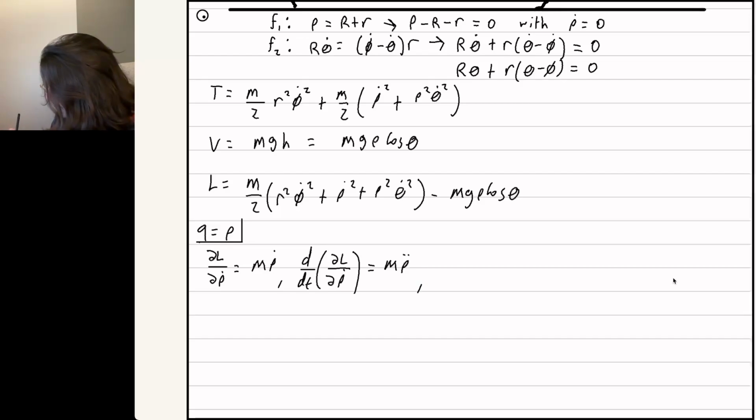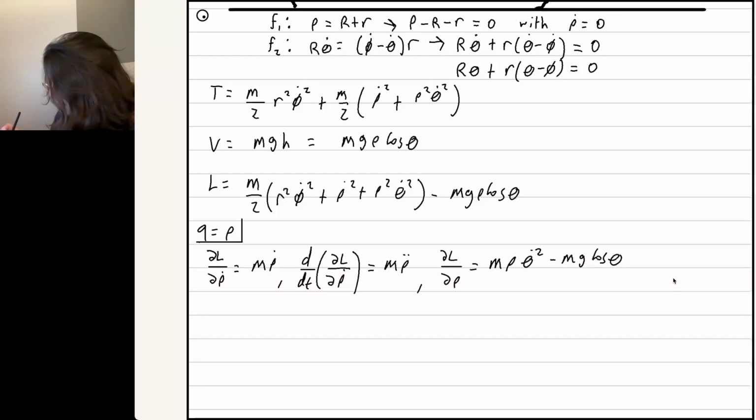And then the partial of the Lagrangian with respect to just rho is m rho theta dot squared minus mg cosine theta.